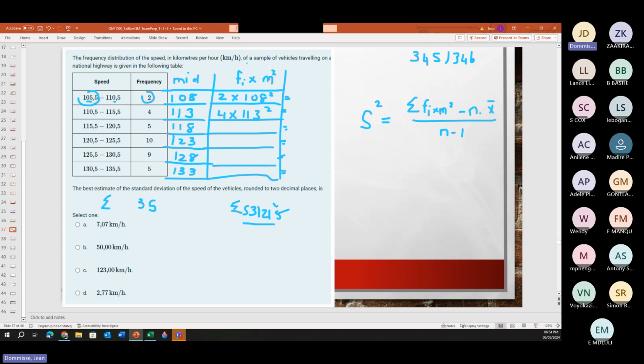Frequency of sample of traveling on... was the mean given? Because how are we going to work out the mean if it is not given? Was there maybe a part of this that was cut off?